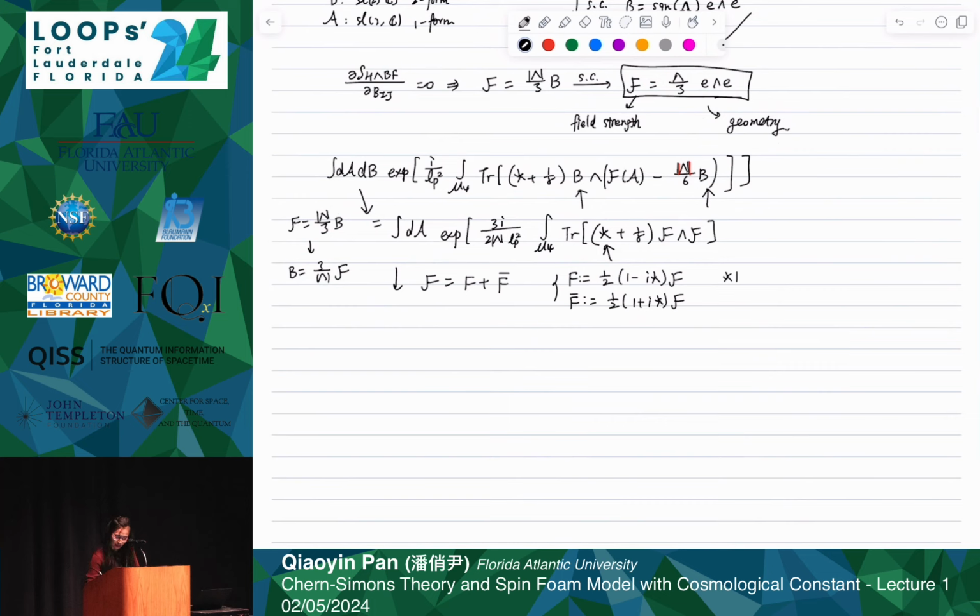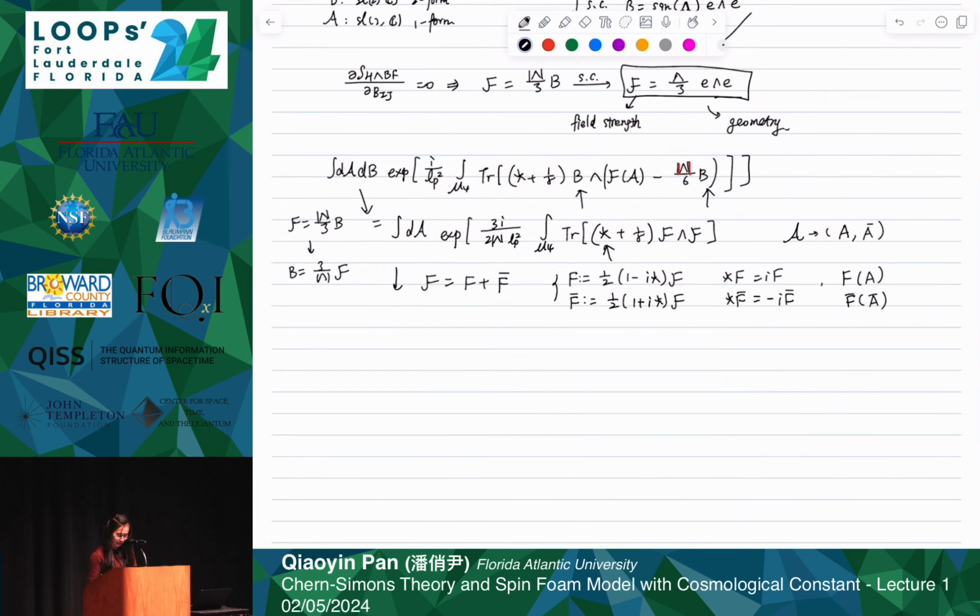Because the Hodge dual acting on F equals iF, and the Hodge dual acting on F bar equals minus iF bar. You can also decompose the connection into self-dual and anti-self-dual parts. Then you realize that the straight F is a function of the self-dual connection A, and the F bar is a function of A bar only.